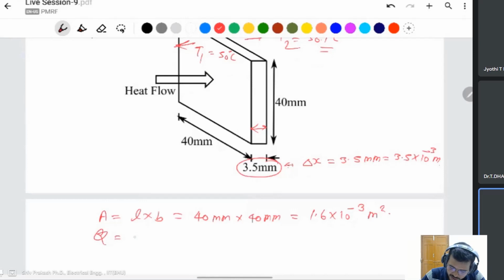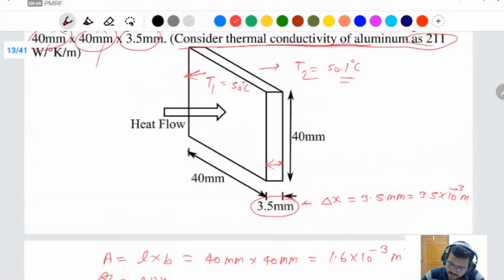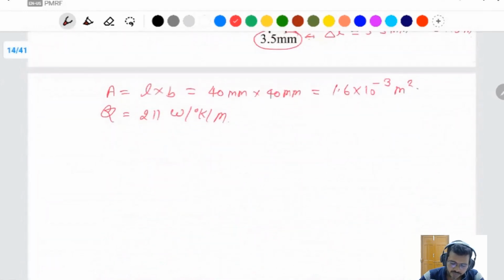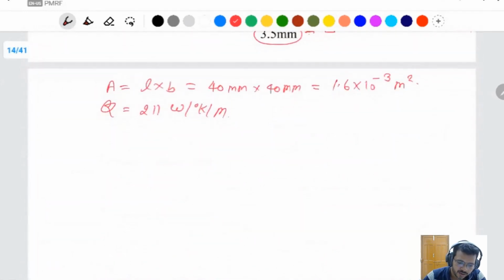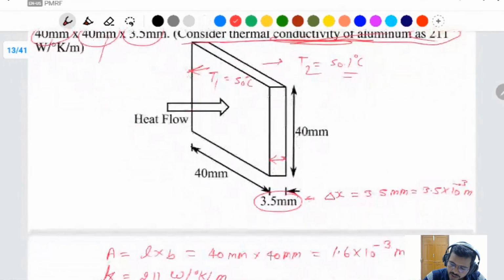K is given as 211. Sorry, this one is the K value, the thermal conductivity of the metal aluminum.